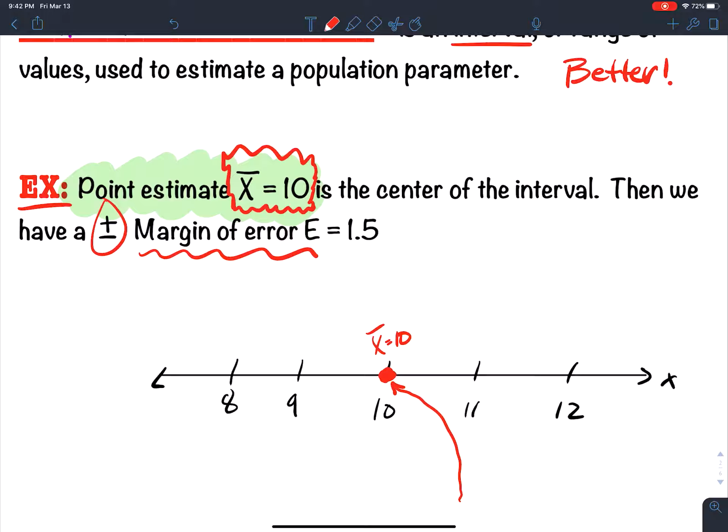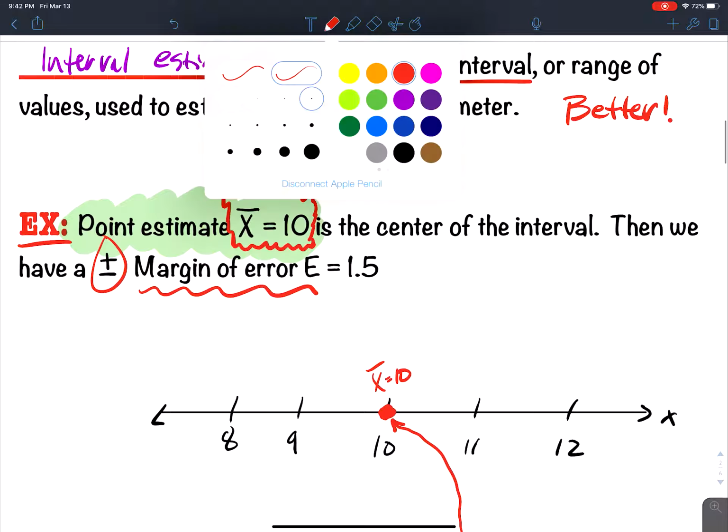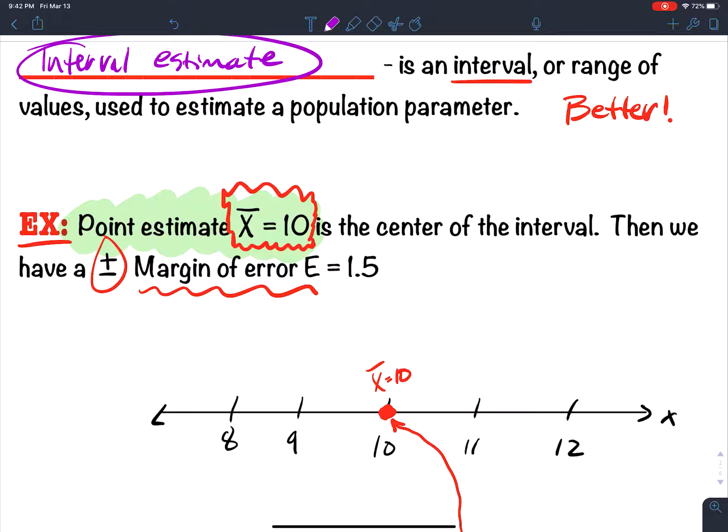Okay, so if you're not quite as good of a shooter, then this is where the interval estimate comes into play. Instead of having a 22, I kind of like to think of this as my shotgun. So my margin of error. I don't really have to aim that well with a shotgun. I just throw it up and shoot. So what does this say? Margin of error 1.5.